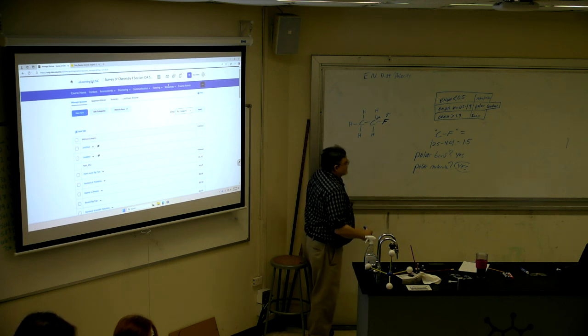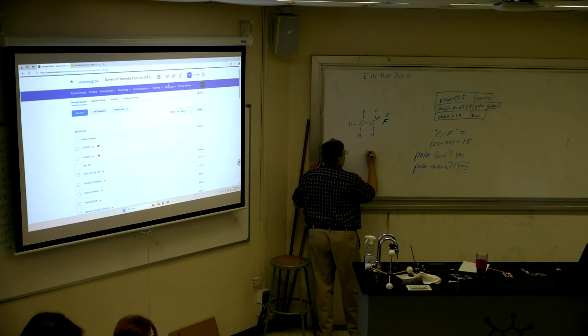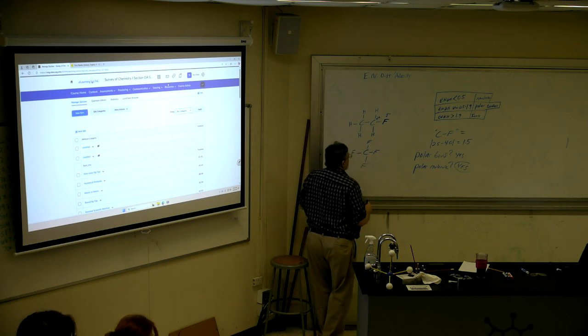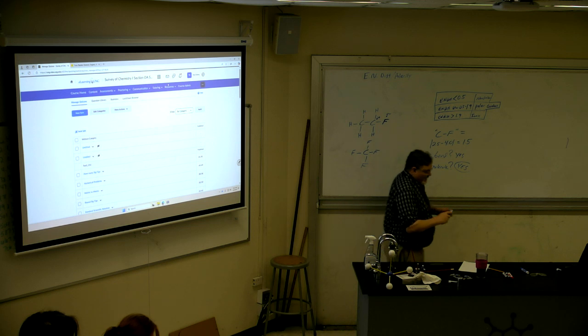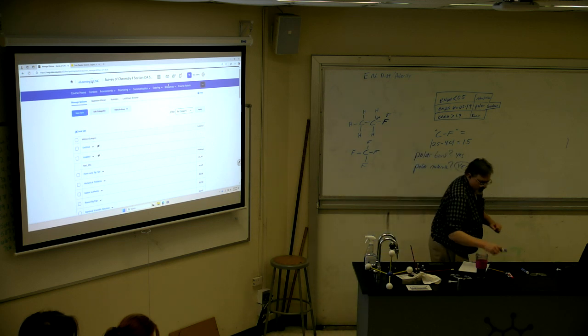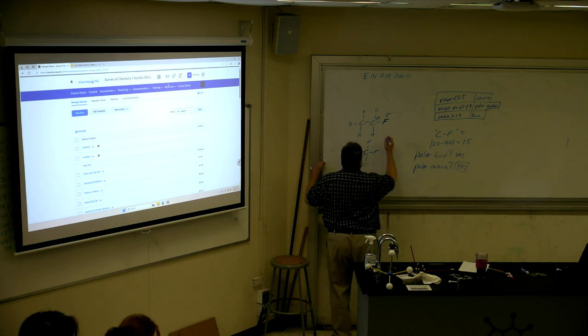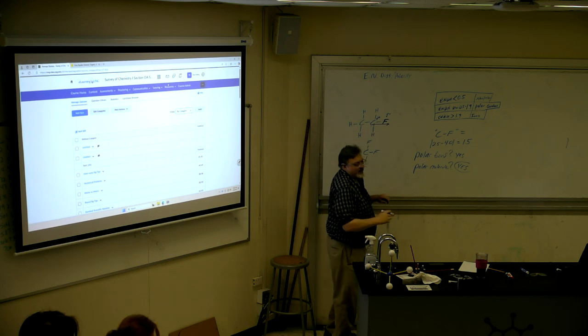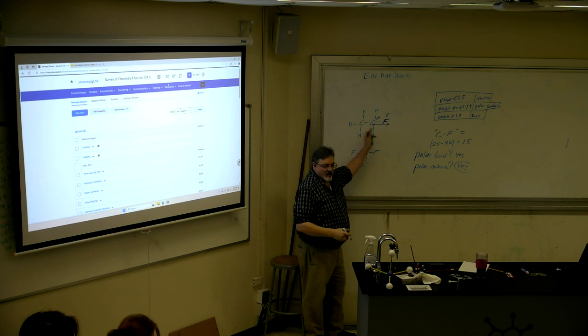But here's the twist. If I have this, all 4 of these bonds are polar. We also call this a dipole, just in case I start using that word and I haven't told you what it is. We will draw this little arrow like this. The way I've drawn that literally refers to something known as a dipole.